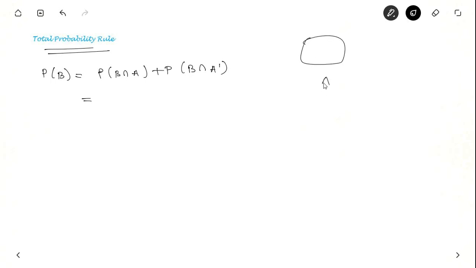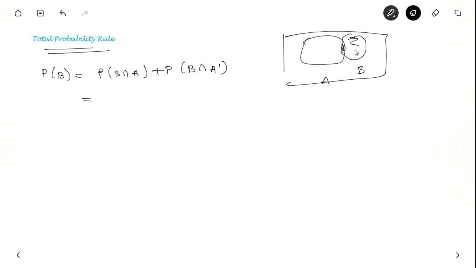Now let us see the total probability rule. The total probability rule says that the probability of B equals the probability of B intersection A plus the probability of B intersection A dash. If you see, this is event A and this is event B. So the probability of B is the probability of B intersection A, this area, plus B intersection A dash, where any area outside A is A complement.